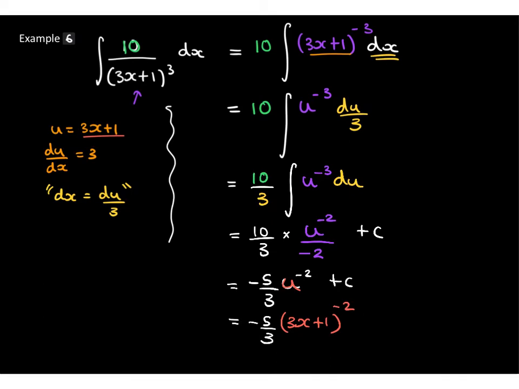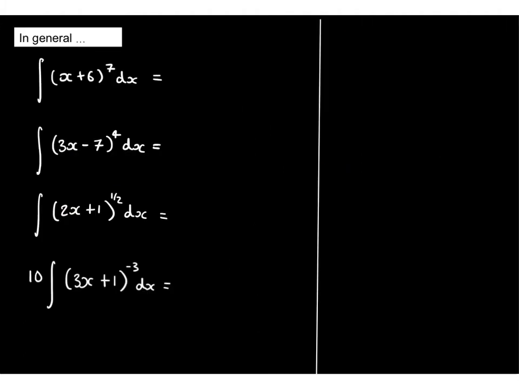Now, again, look at the original integral, look at the final answer, see if you can spot the connection that takes us from here to here in one step. And we're going to see if we can explore that in more detail in a minute. So I've picked out 4 of the examples that we've looked at, and we're going to look at the original integral and the answer in a little bit more detail.